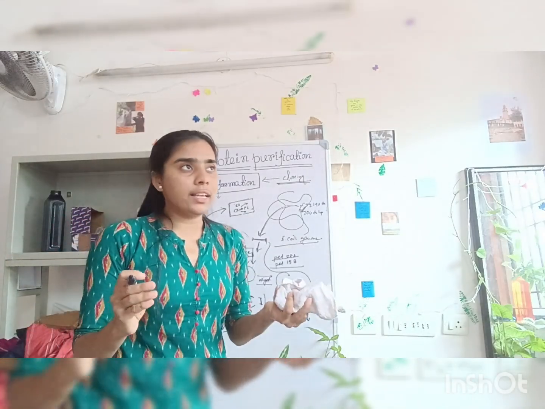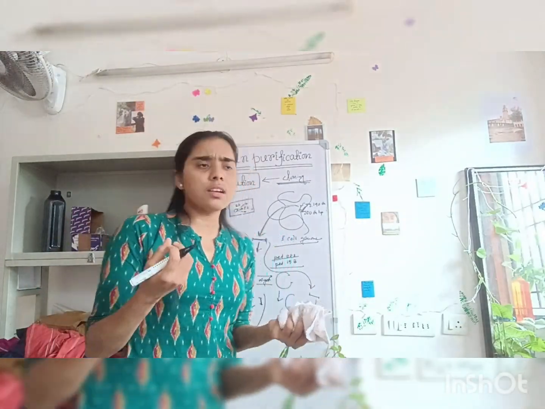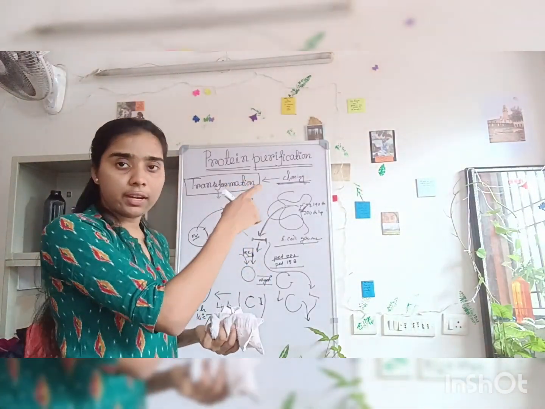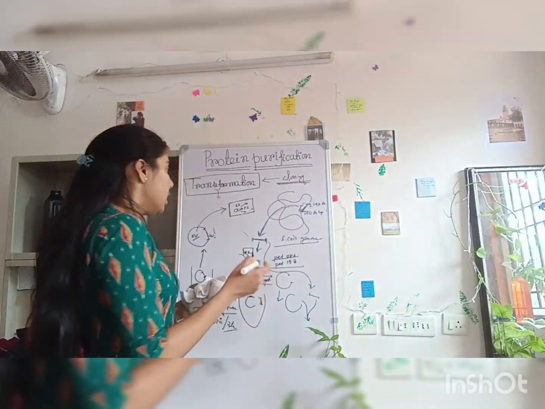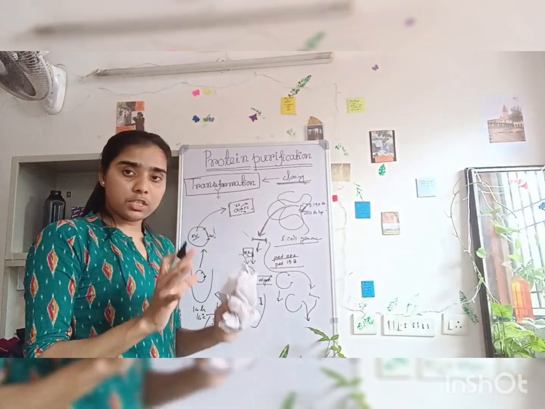Normally we call it overexpression, not like normal expression. We insert this clone inside that strain because we want to overexpress this protein for our study, right? The cell needs to overexpress that protein, so that's why it is called the expression strain.